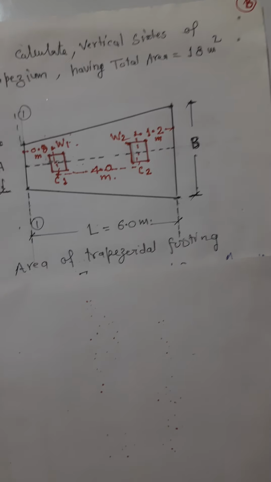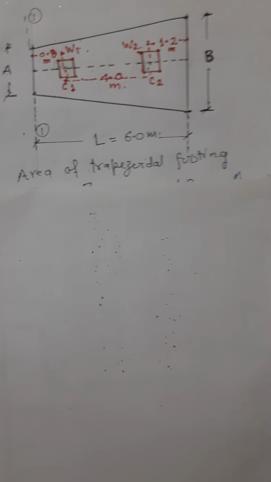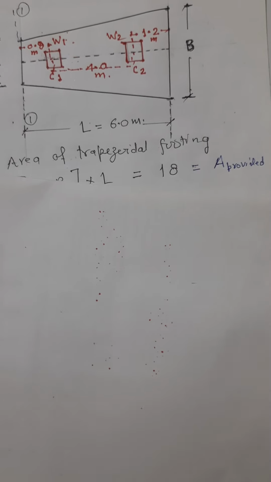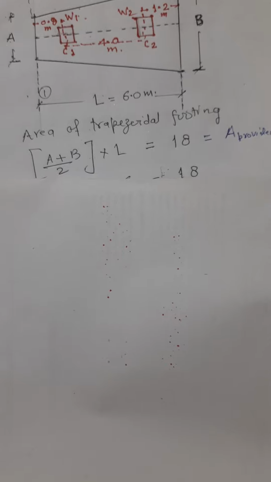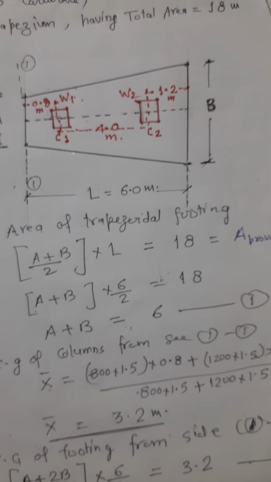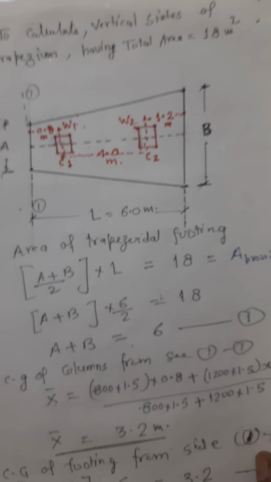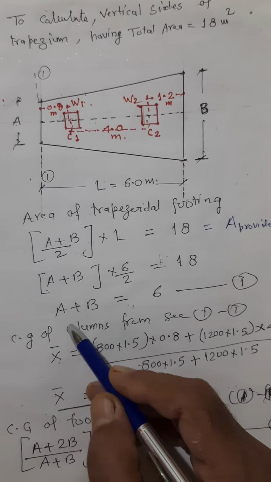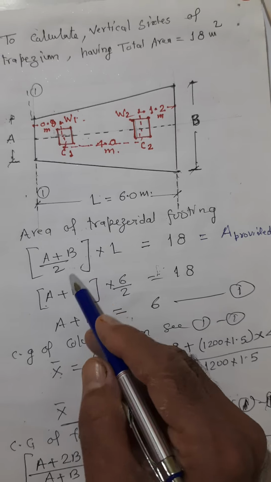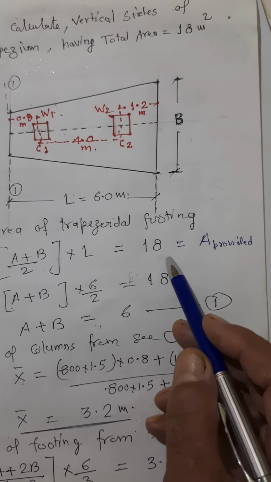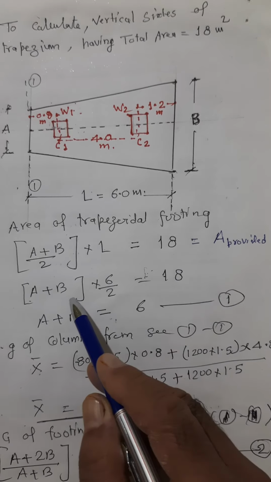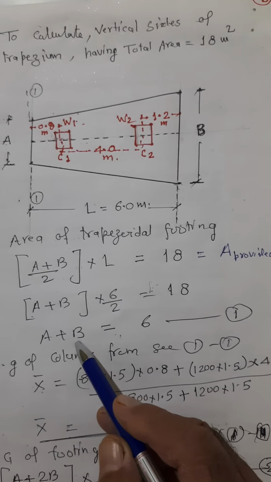And once we know the area of the trapezoid, A plus B by 2 into the perpendicular distance L, we can find the area required in terms of A and B: A plus B by 2 into L is equal to 18. So A plus B is equal to 6.